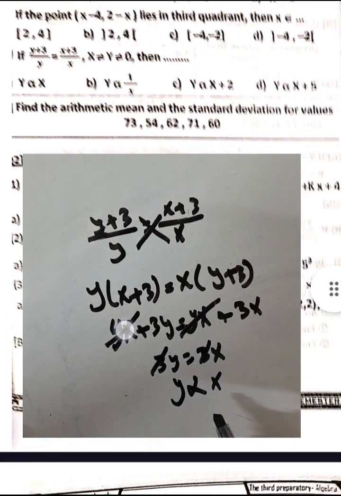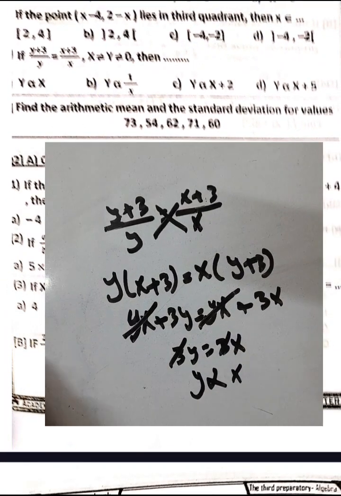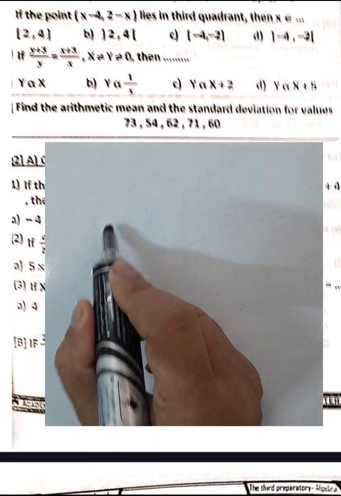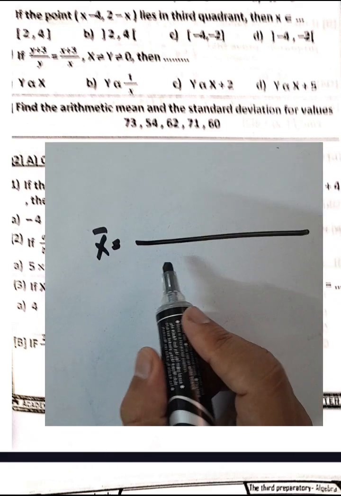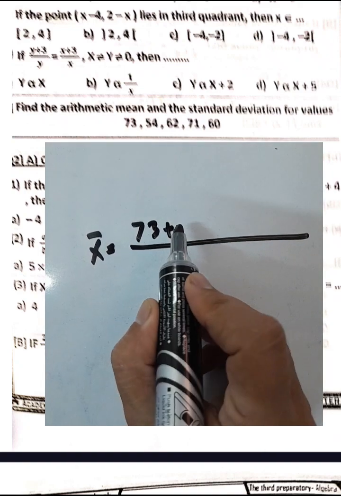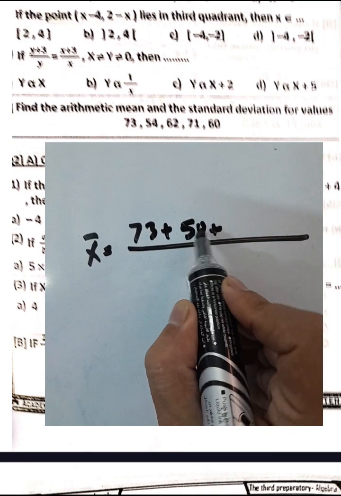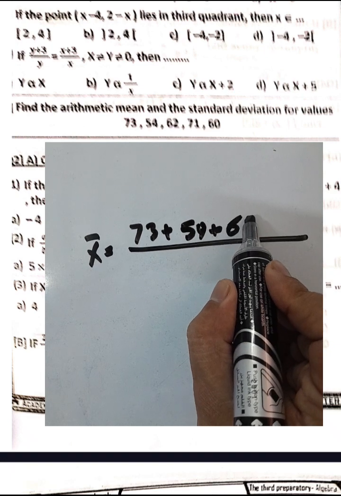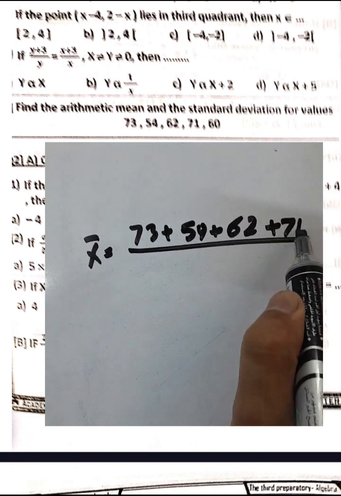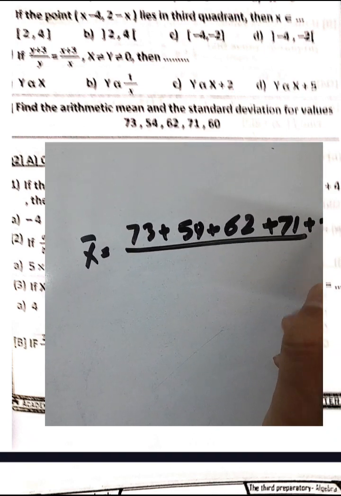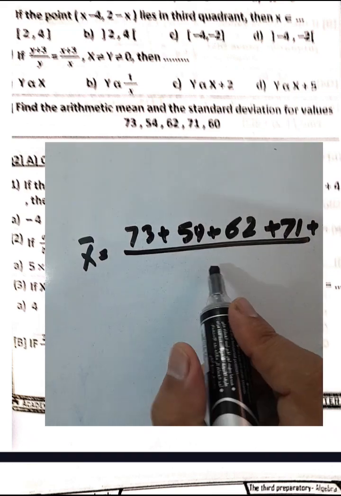Find the arithmetic mean and the standard deviation for all the values. You can solve this example by finding x bar in the first step: 73 plus 54 plus 62 plus 71 plus 60, divided by the number of values, 5.